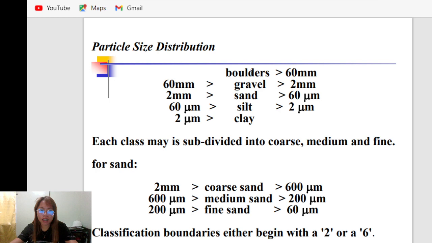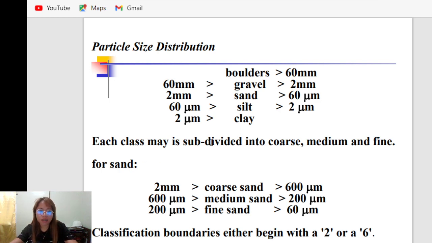We classify it as boulders if the size of the soil is more than 60 millimeters, and in the range of 2 millimeters to 60 millimeters is gravel. Then 60 micrometers to 2 millimeters we can classify as sand, and 2 micrometers to 60 micrometers silt. Less than 2 micrometers is the clay.